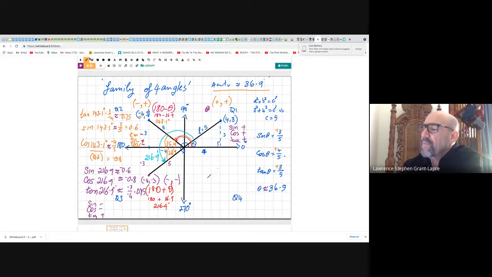Now, to wrap it up, the family of angles, I'm going to take another line across 4, down 3. And this is the point 4, negative 3. The opposite side is negative 3. The adjacent side is positive 4, and the hypotenuse is positive 5.